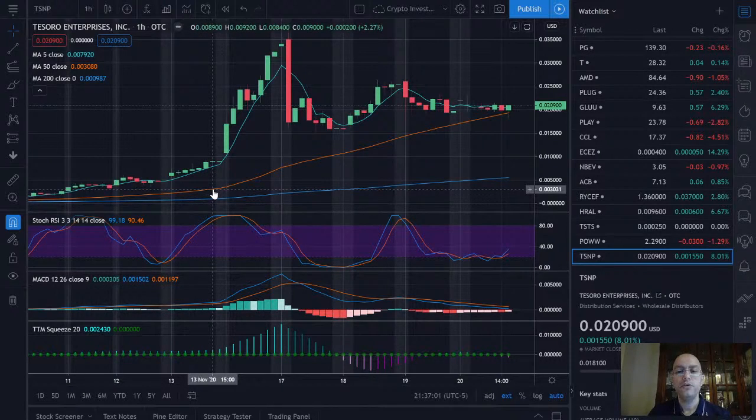That's why you need to again monitor the movement of the stochastic RSI. What do I mean by movement? Notice right here, it went inside and kept on going up. So you definitely did not have to sell over here, or here, or here, or here, because it was still going upwards.